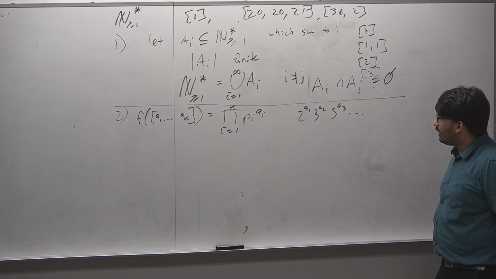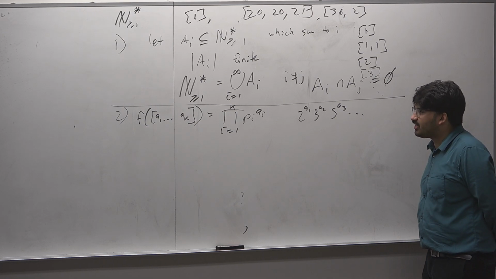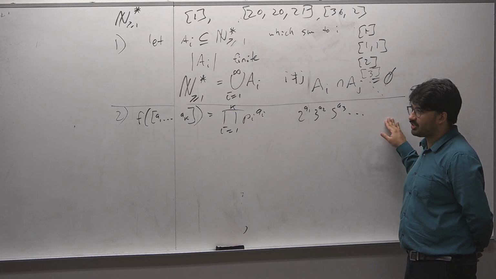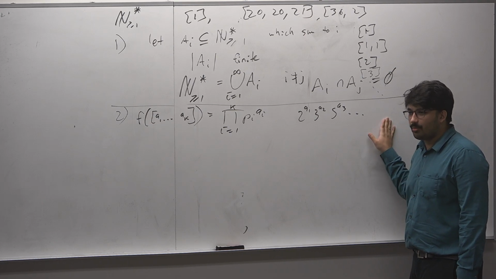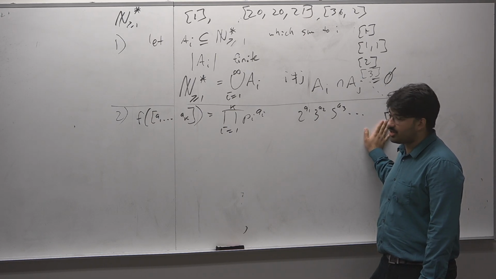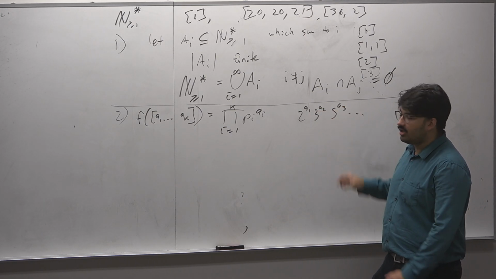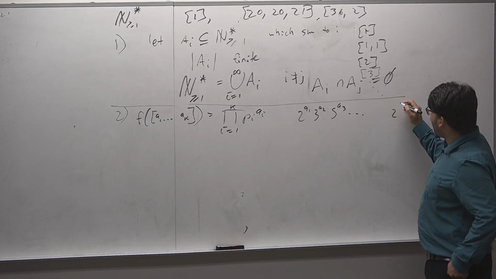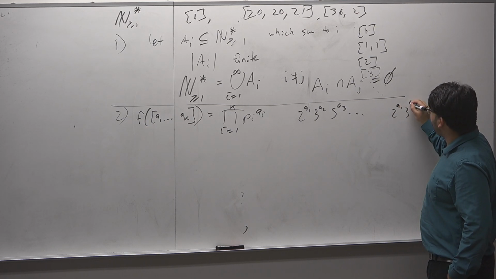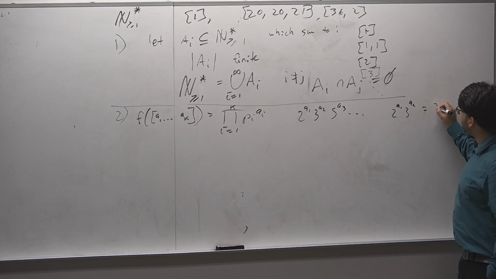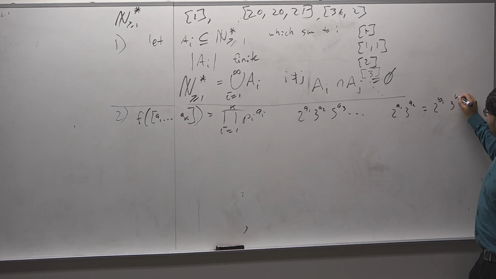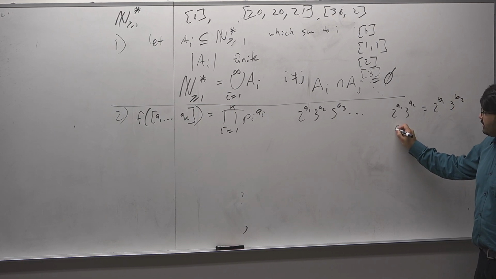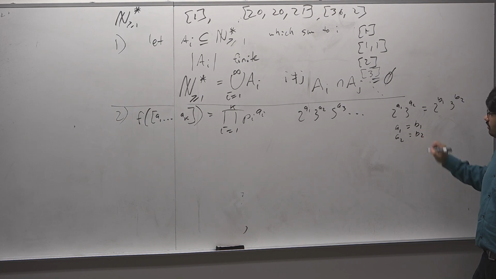So it's injective by the fact that if the outputs of the 2 sequences are equal to each other, then those 2 numbers have the same prime factorization, so they have the same prime powers, right? For example, if you said 2 to the A1, 3 to the A2 equals 2 to the B1, 3 to the B2, it could only be the case that A1 equals B1 and A2 equals B2, and so on. So it gets injectiveness.